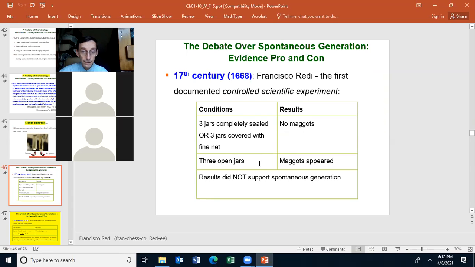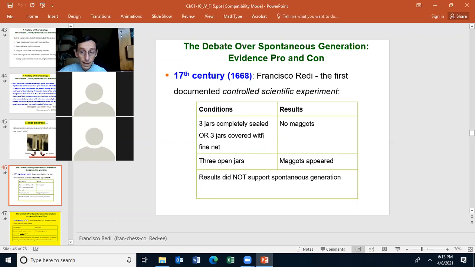And he hypothesized that the maggots came about from flies which flew into the open jar and laid eggs on the meat. He didn't actually prove the latter point, but he hypothesized that. But the point is, he showed that maggots could not spontaneously generate in these jars of meat. And so his results did not support the theory of spontaneous generation.